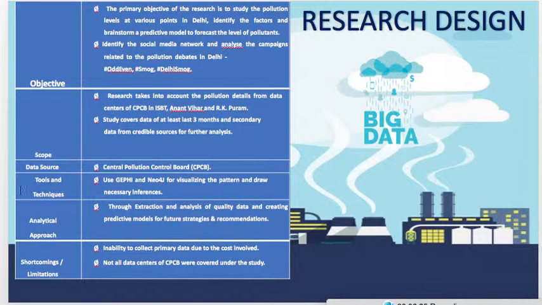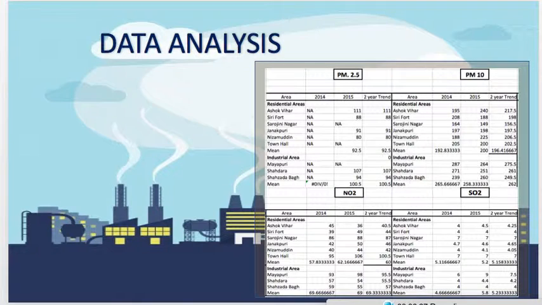The shortcoming is we couldn't take everything into account. So if you would see, the data analysis has mapped out the areas into residential and industrial areas. And in the residential areas, you could see the data has been collected till 2015 because the 2016 data is not completely available on the website of NPCP yet.